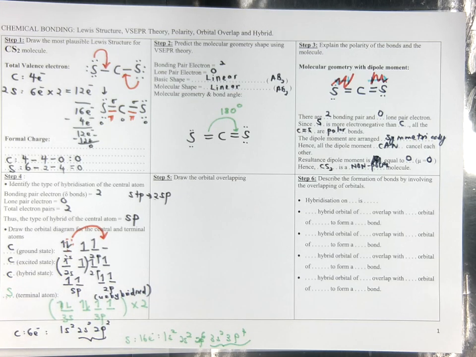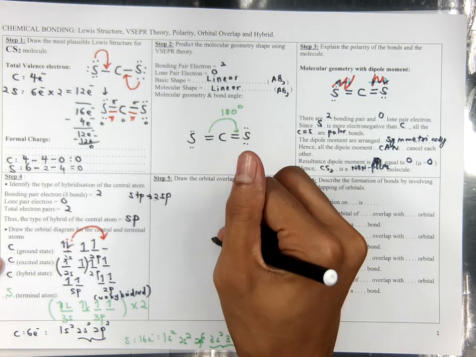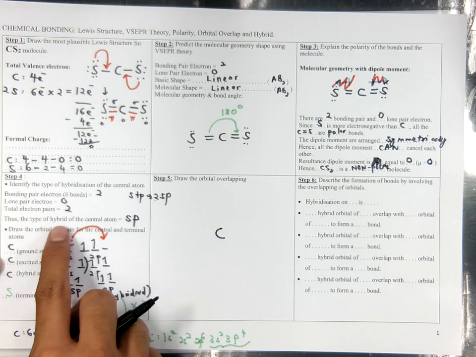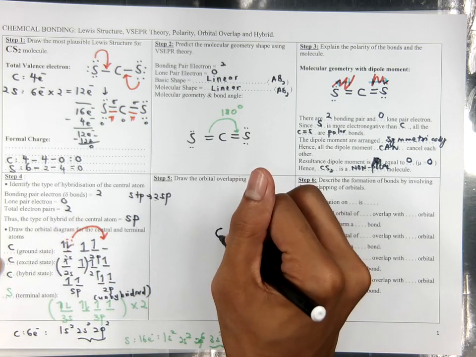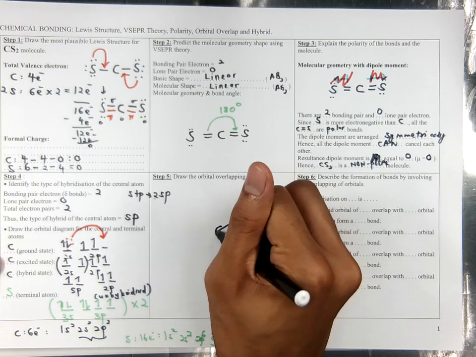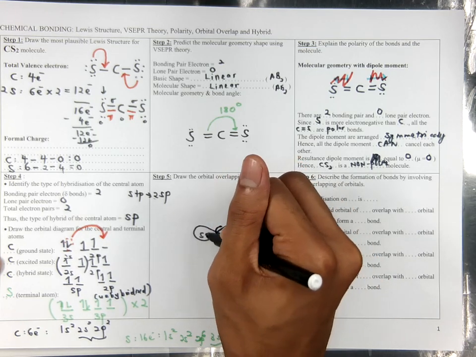So now let's draw the orbital overlapping. The carbon atom is going to be the central atom. So it has the hybrid orbital of sp. It has 2 of them, so 1 and 2, sp and sp.